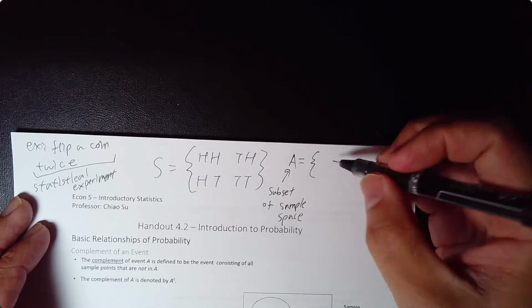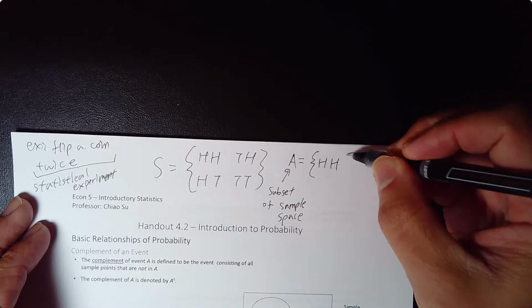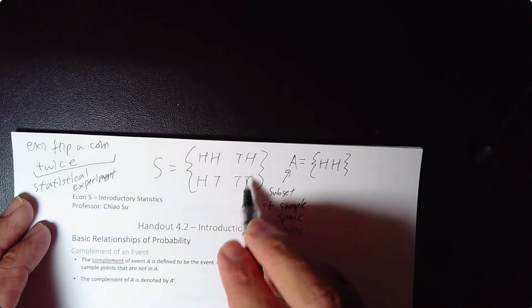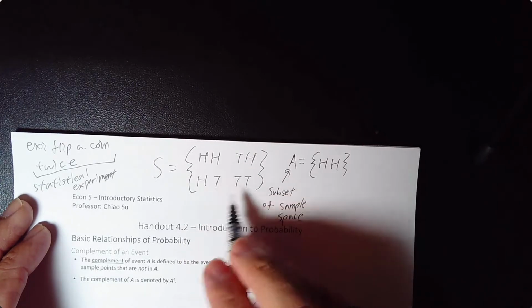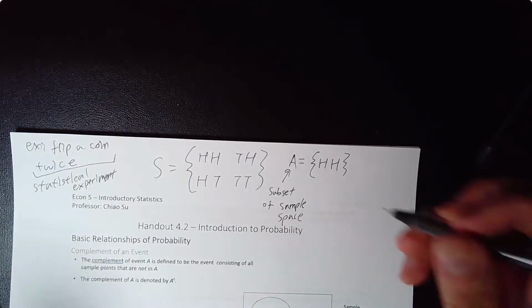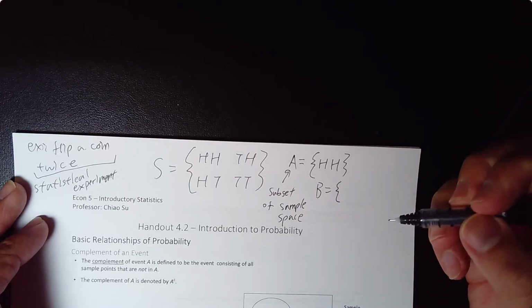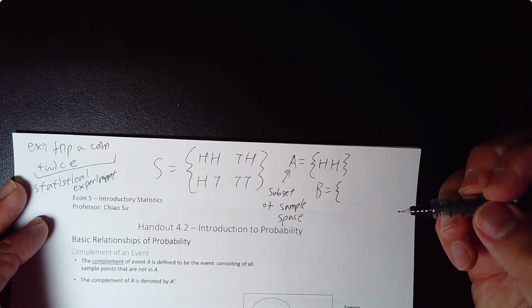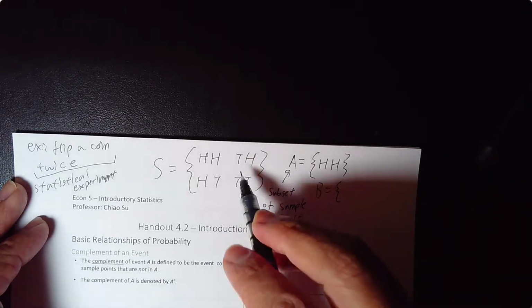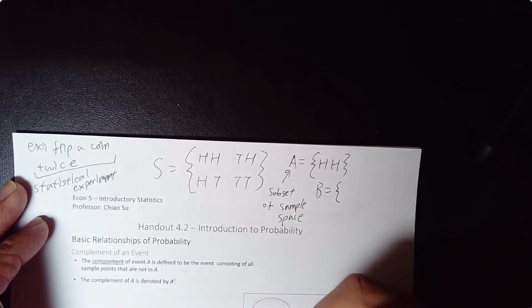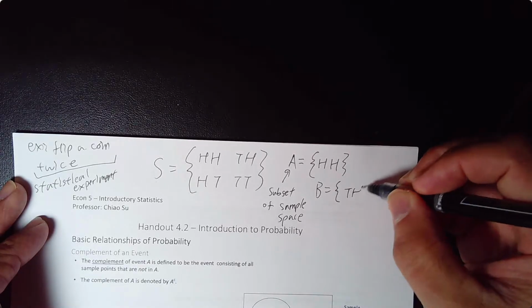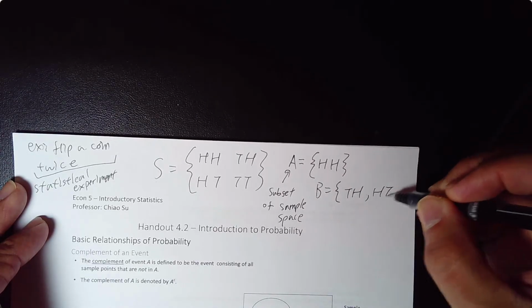Then I will look at which of these consists of all heads. That's heads heads, the only one. Or let's say I define the event B, and my event B is that I get exactly one tail. So I will look in here: how many outcomes give me exactly one tail? Tail heads and head tail. It's two outcomes.